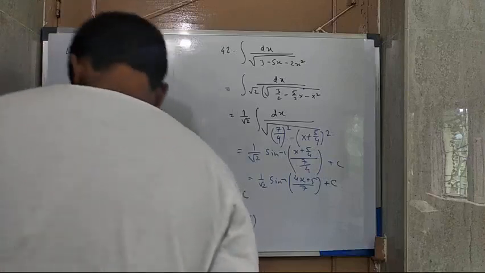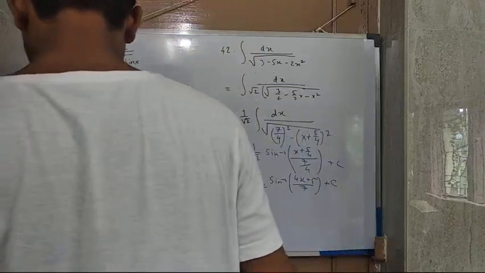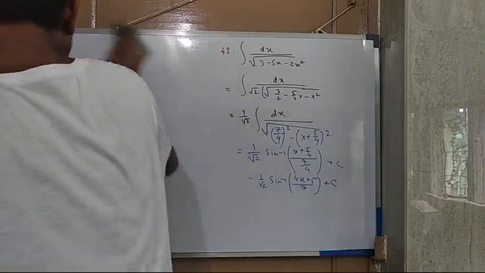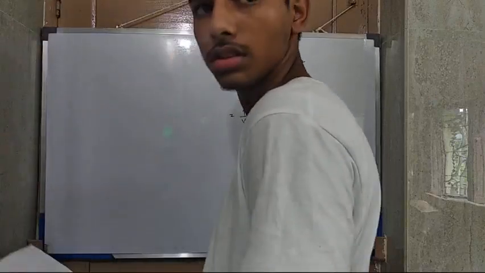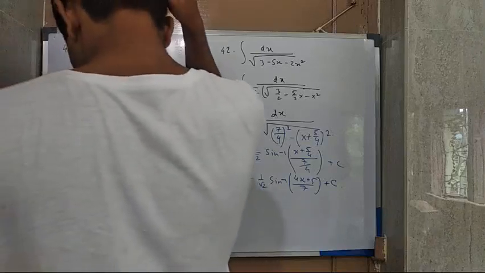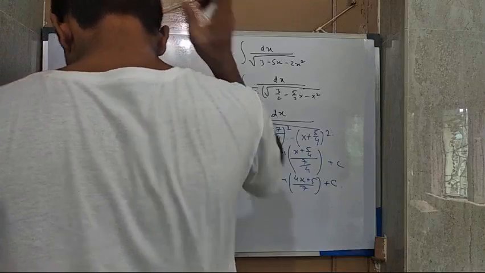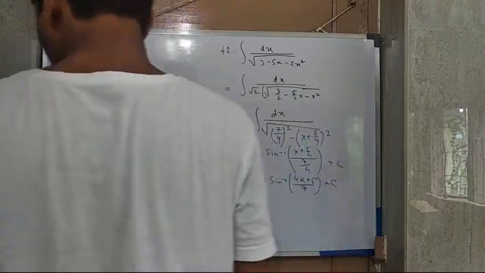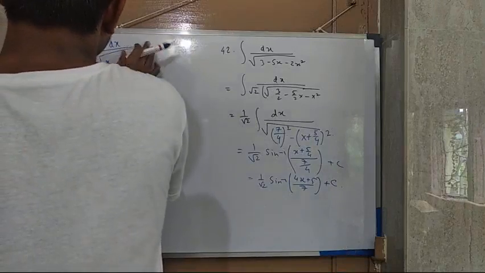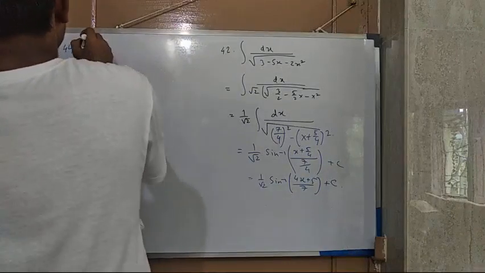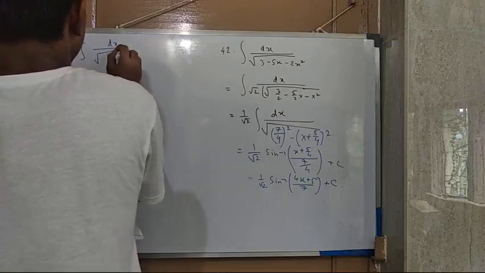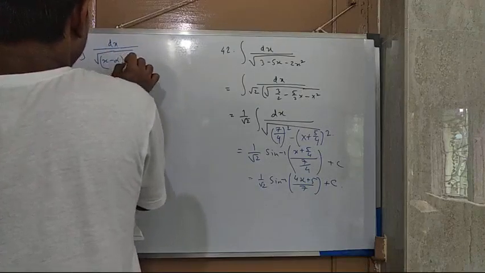Now let's proceed to the 43rd question, which is integral dx divided by root under x minus alpha times beta minus x.